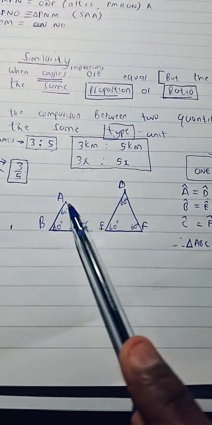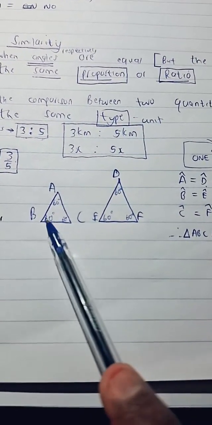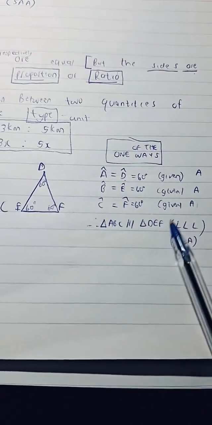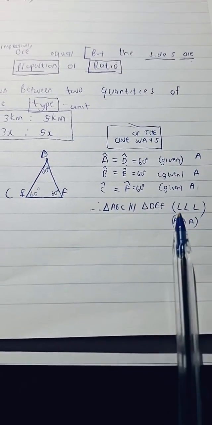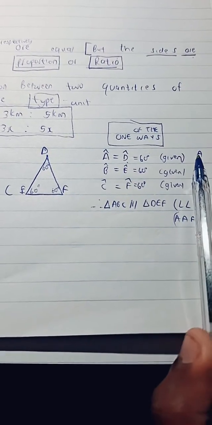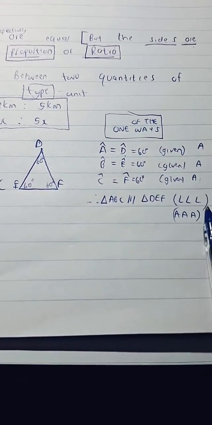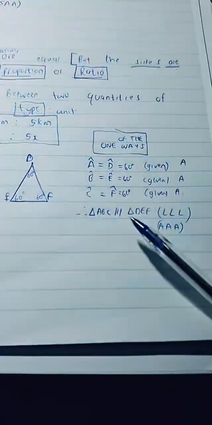When you are able to prove that respectively for all 3 angles, the angles are equal, then you can conclude that the 2 triangles are similar, and you can state that it's because of equality of angles.